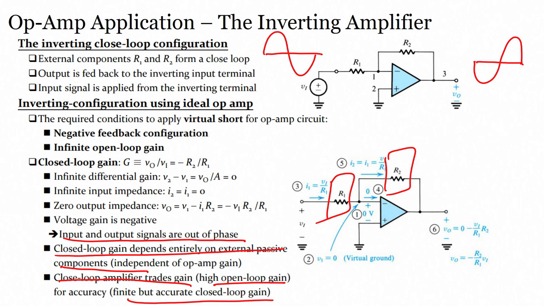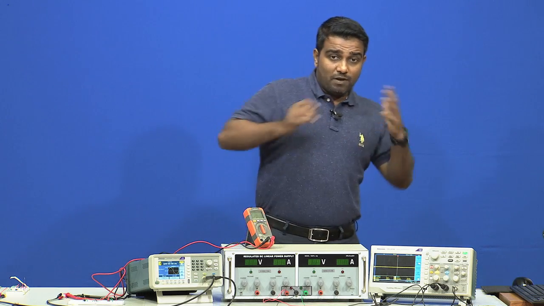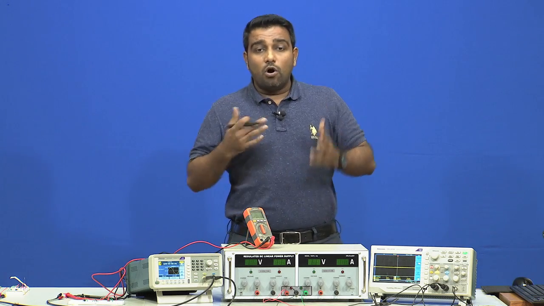When you talk about amplifiers, there are two types of feedback we have seen, right. One is negative feedback, another is positive feedback. Now, if I keep on applying positive feedback, what did we see? The amplifier will not really work as an amplifier, but it will be an oscillator, right.